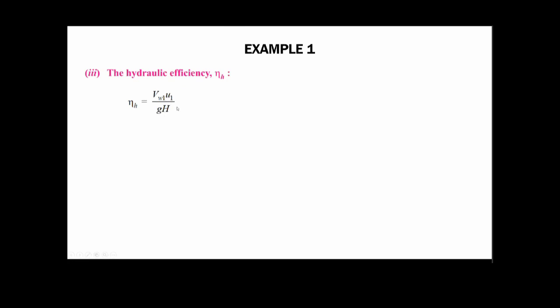All these values we already know, so we just plug in the values and we get the hydraulic efficiency of this turbine equal to 85.95%. Okay, so this is example number 1, and this is how we solve this question step by step.